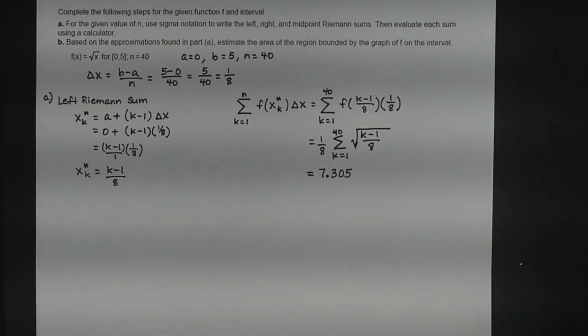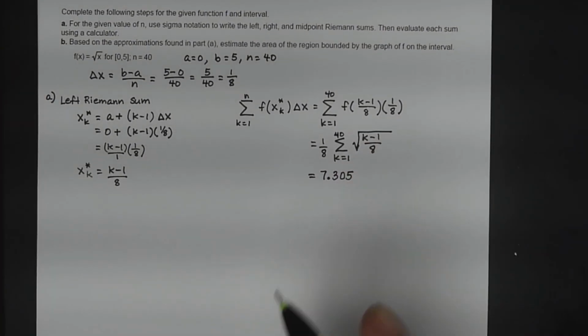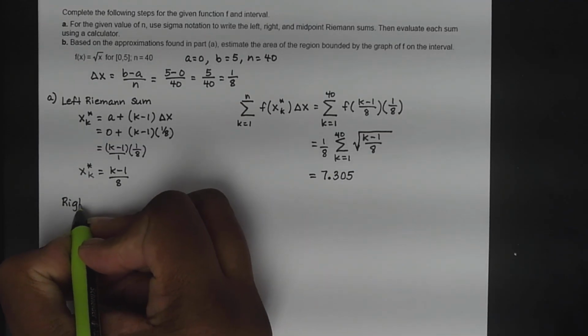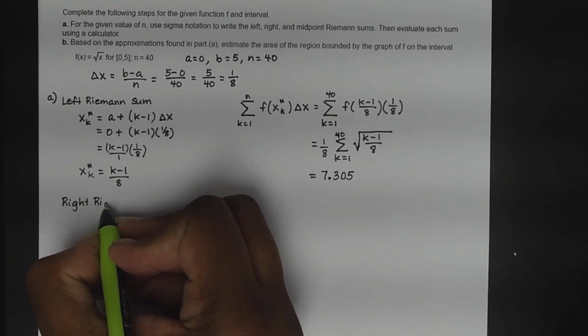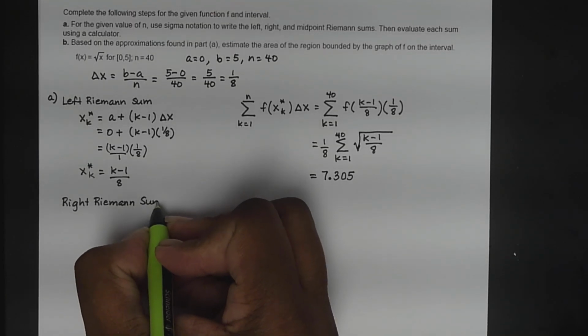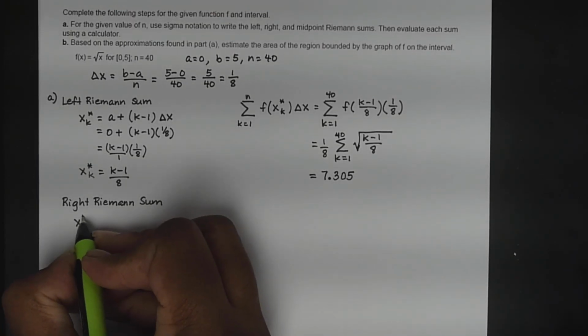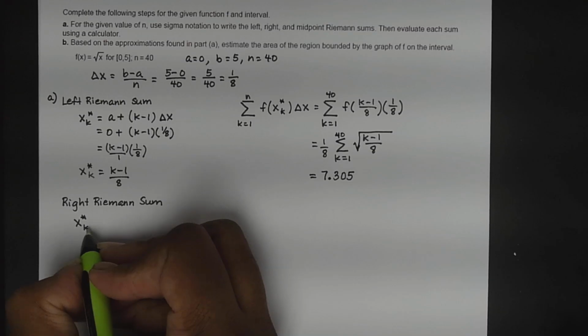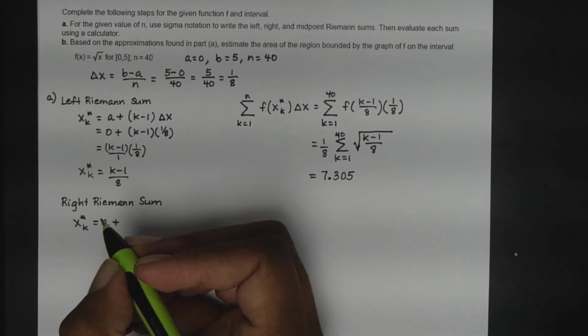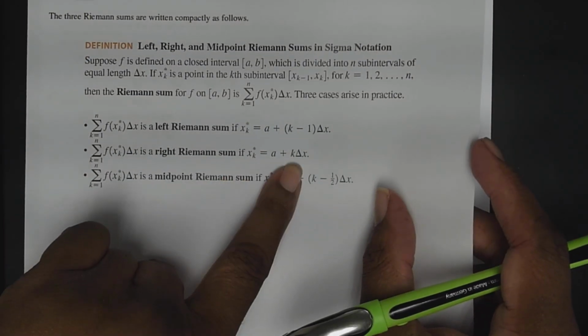Now for the right Riemann sum, I also have to do that as well. That's going to be x star sub k, and that's equal to a plus k times delta x.